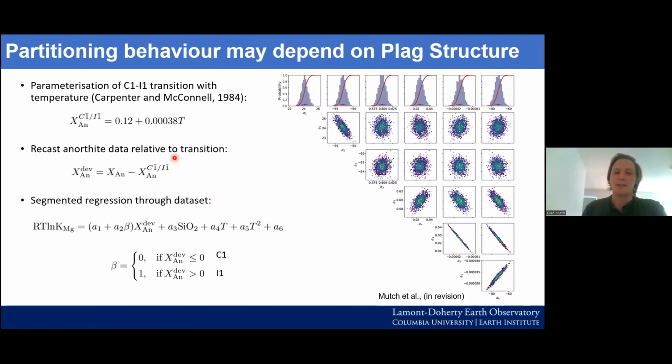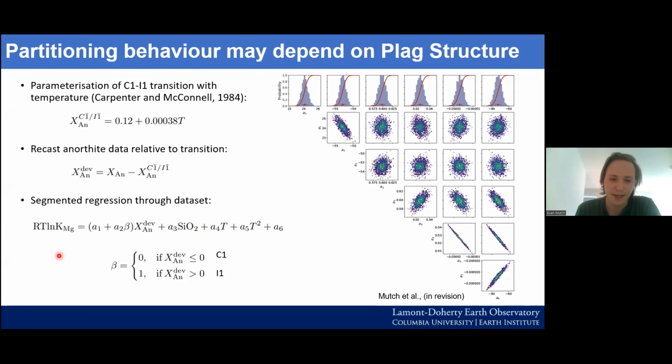What this basically means is that crystal zones in the C1 bar domain are going to have a negative value, things in the I1 bar domain are going to have a positive value, and things exactly at the transition are going to be 0. Then we fit our segmented regression through the data, and we fixed our breakpoints, or where the inflection occurs, at 0, where this transition occurs.